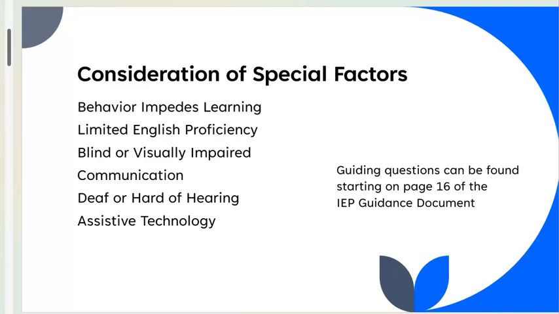So these are the areas that you must consider: behavior, limited English proficiency, blind or visually impaired student, communication delays, deaf or hard of hearing, and assistive technology. And again, the guiding questions can be found in the IEP guidance document starting on page 16.